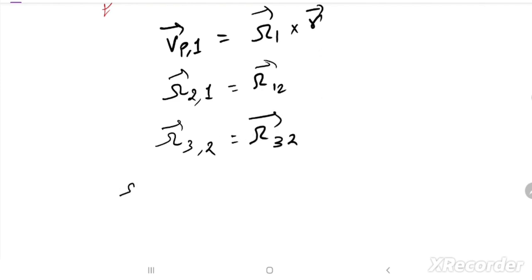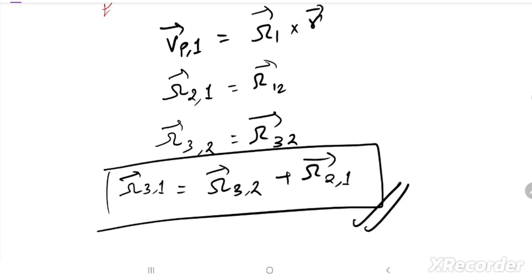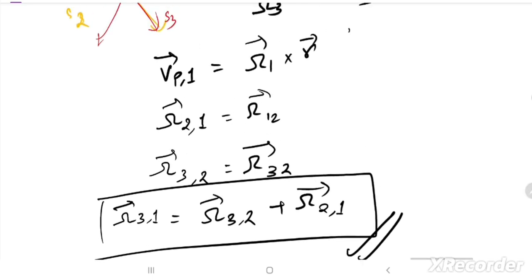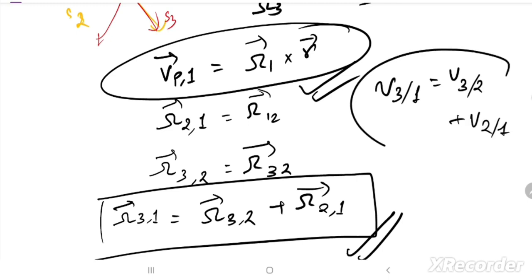Then we say that omega vector of third frame with respect to first frame is given as omega vector of third frame with respect to second frame plus omega vector of second frame with respect to first frame. This is a very important formula you must know. Now you may derive it intuitively by using what I just said about velocity vector. You know that v3 with respect to 1 is equal to velocity of third frame with respect to second plus velocity of second frame with respect to first. Just the concept of relative motion will suffice here.